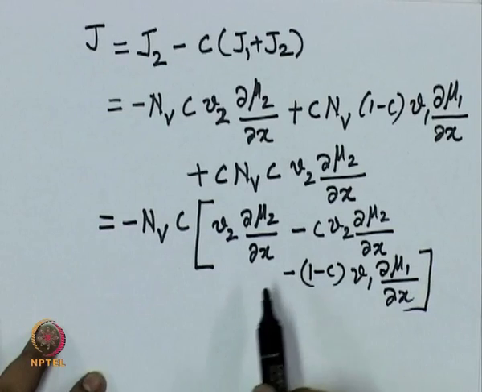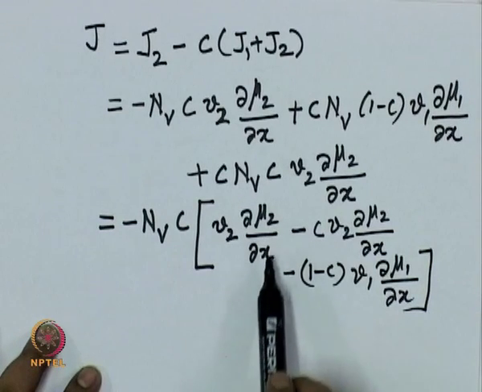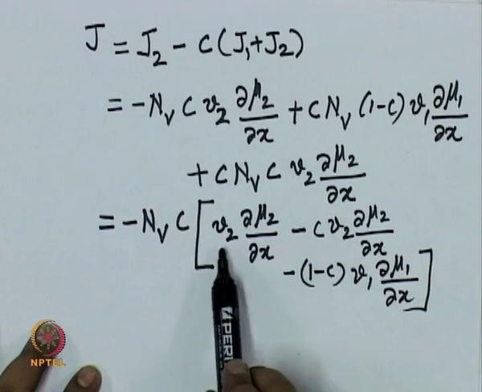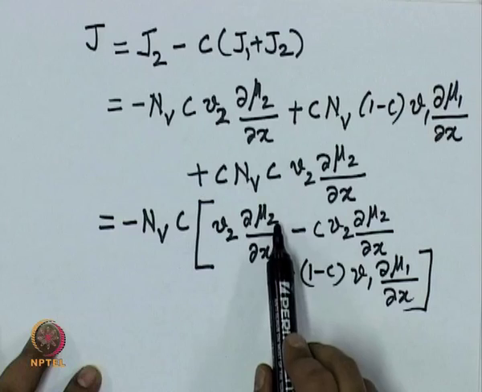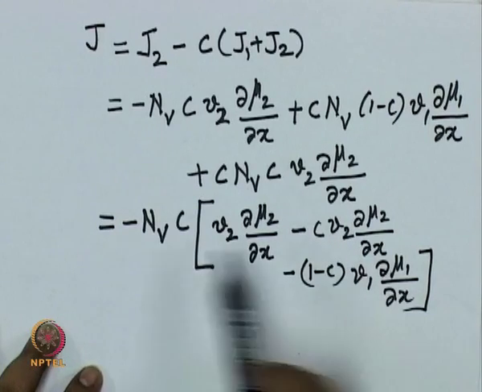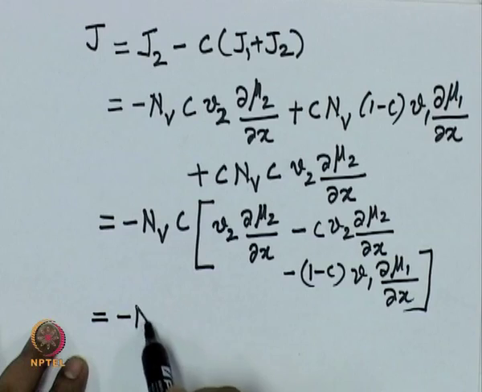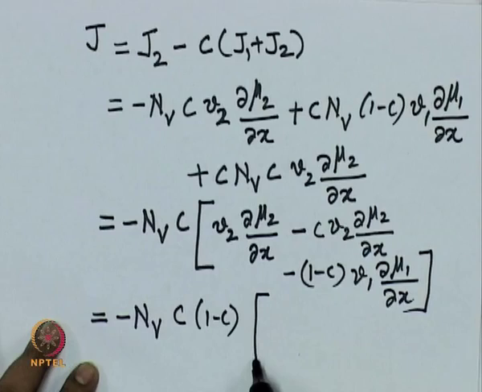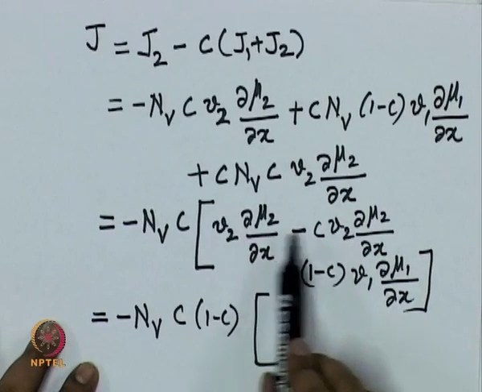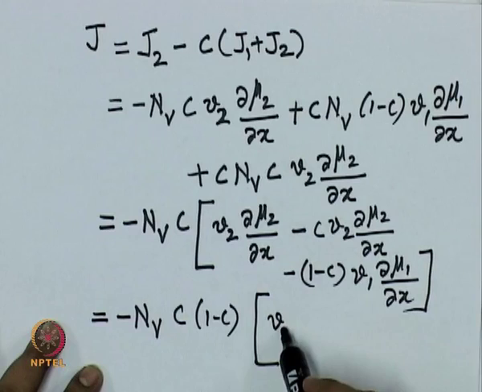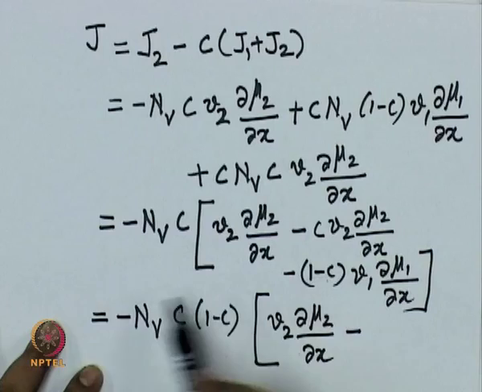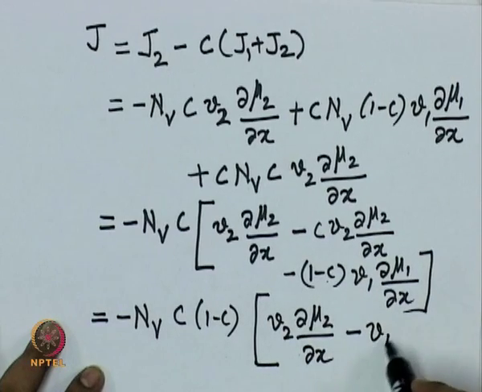As you can see, V2 dou mu 2 by dou x minus C times V2 dou mu 2 by dou x, so you can pull V2 dou mu 2 by dou x together. That will be 1 minus C, and there is 1 minus C here. So let us pull all that together: minus N V C times 1 minus C. Then what do you get? This is V2 dou mu 2 by dou x minus V1 dou mu 1 by dou x, with 1 minus C pulled out.